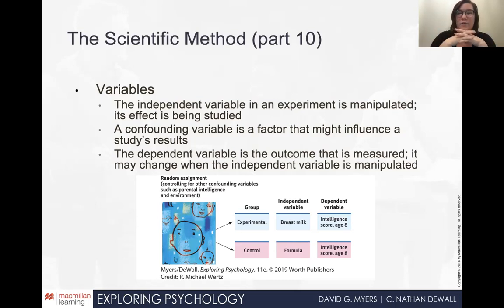If the idea is that breast milk can make intelligence scores higher, you could have children who were breastfed, but then once they started eating solid foods, they were only eating chicken nuggets and French fries and ketchup and Diet Dr. Pepper, right? Up until they took this intelligence test at 8.